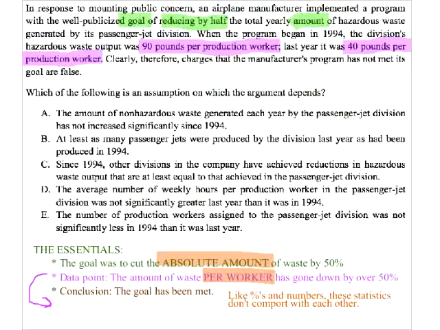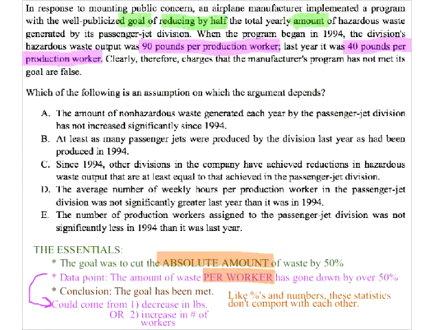This could come from, number one, an actual decrease in pounds. Or it could also come from an increase in the number of workers. You could have that reduction come entirely from just having twice as many employees.